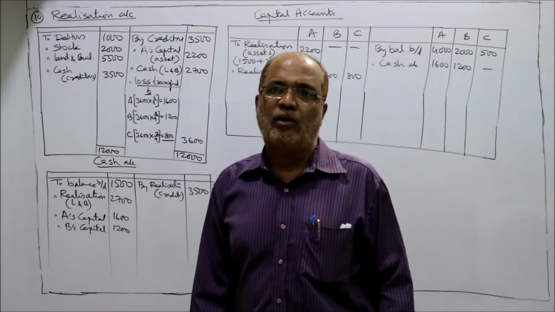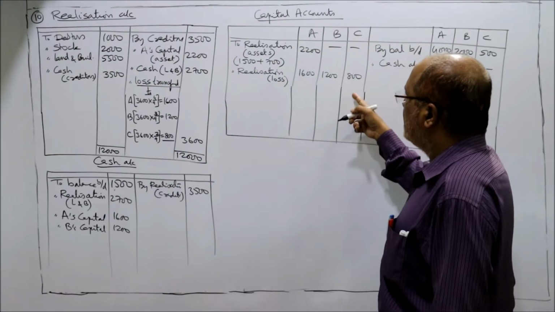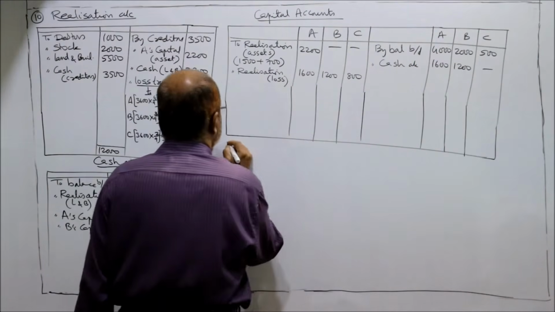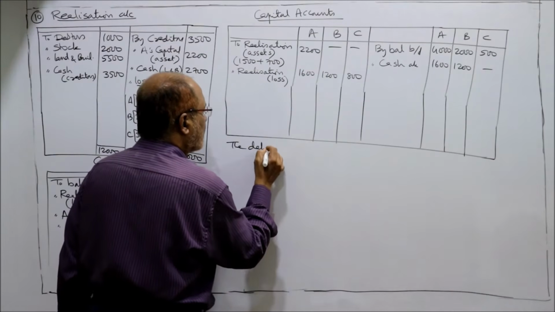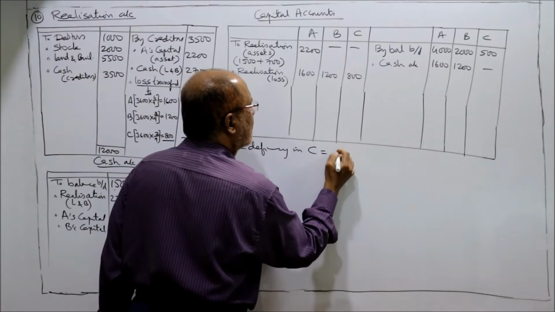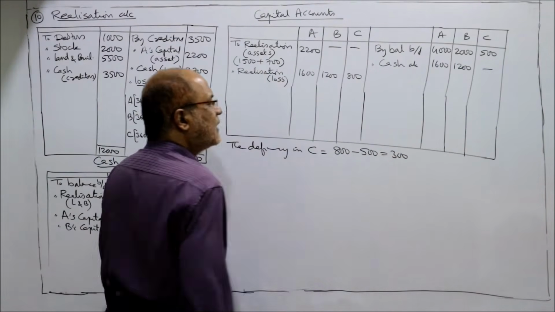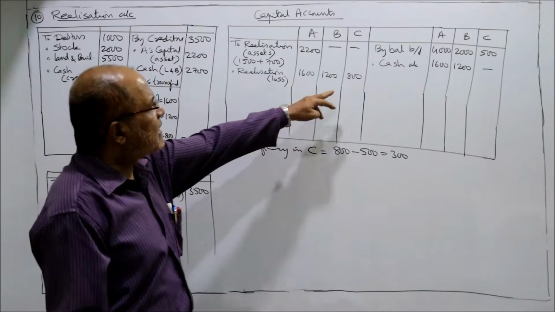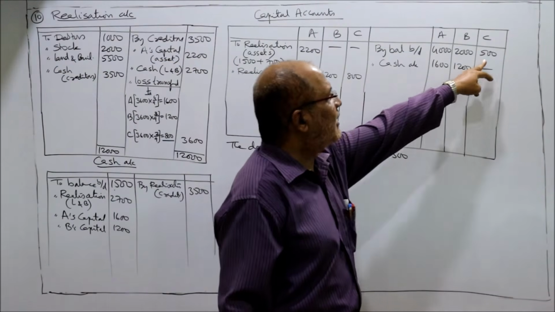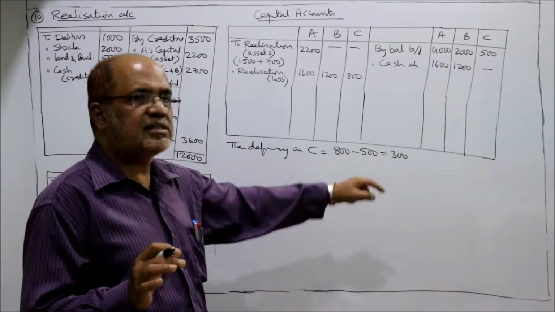Next thing is we have to find out the deficiency in C. Deficiency in C is equal to 800 minus 500, 300. Debit side we have 800. Credit side we have only 500. So deficiency in C's account is 300.